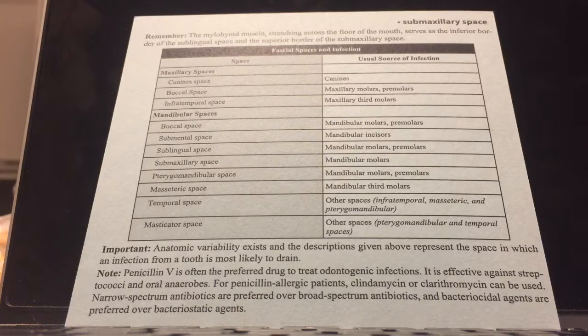In a buccal space, the most usual source of infection will be maxillary molars and premolars, and for the infratemporal space it will be the maxillary third molar. And those are the usual sources of infection.